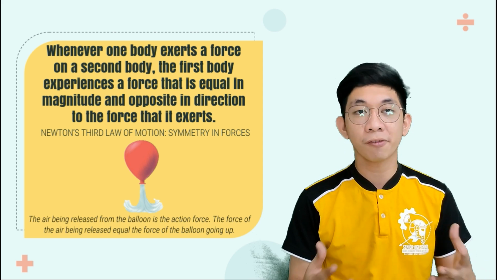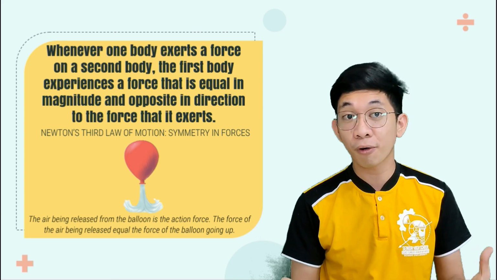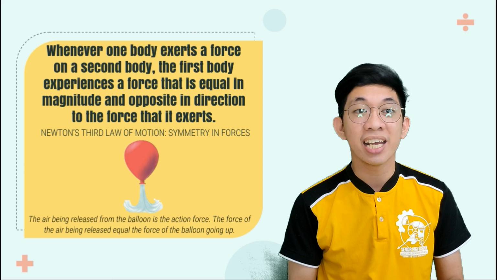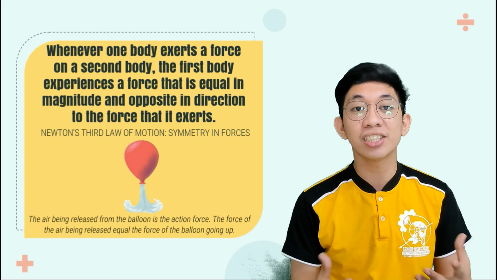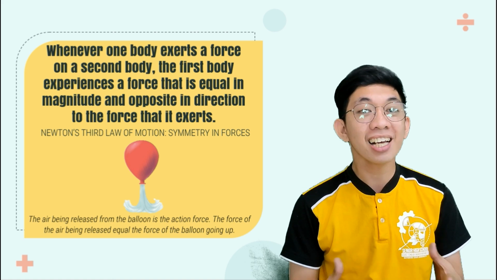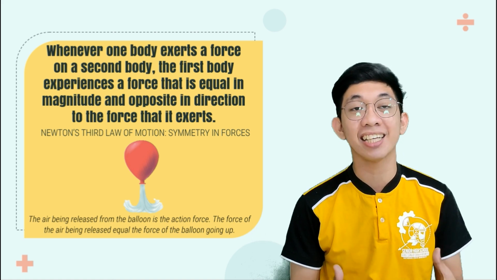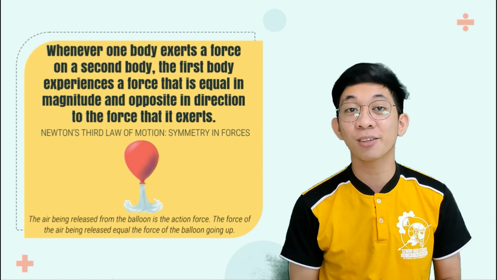We sometimes refer to this law loosely as action-reaction, where the force exerted is the action, and the force experienced is consequently the reaction. Newton's third law has practical uses in analyzing the origin of forces and understanding which forces are external to a system.